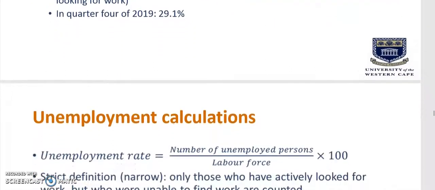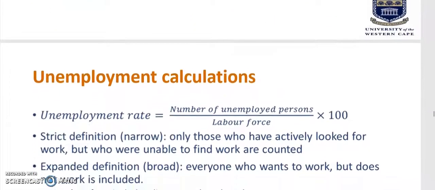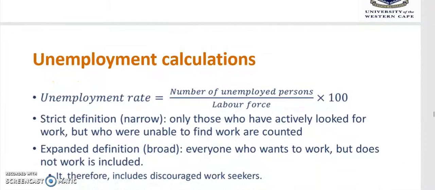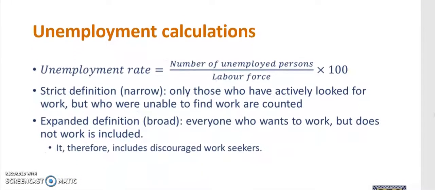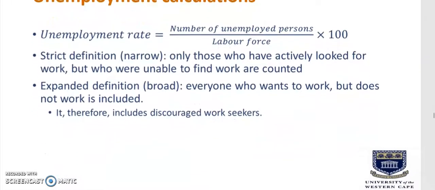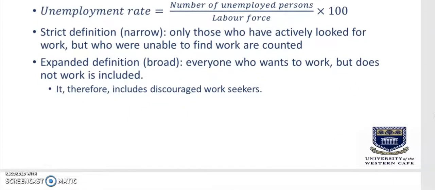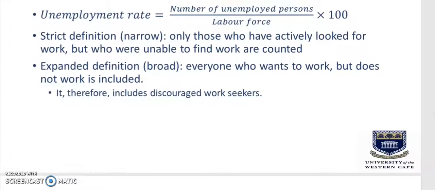Unemployment calculations. This is how you calculate the unemployment rate: you take the number of unemployed persons, divide it by the labor force, and then multiply by 100. According to the strict or narrow definition of unemployment, only those who have actively looked for work but are unable to find work are counted as unemployed.